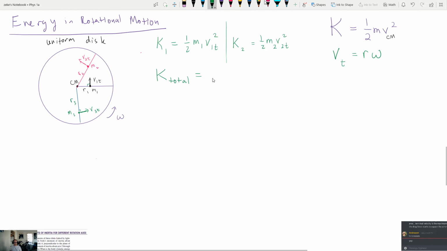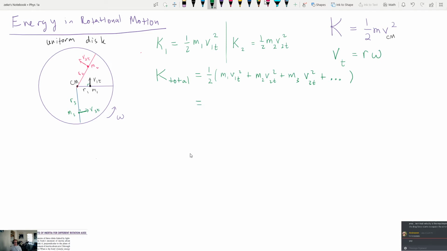It's going to be 1/2, I'll pull it out to the front, m1 v1t squared plus m2 v2t squared plus m3 v3t squared plus, and so on. If I want the total kinetic energy, I need to sum this over every single piece of the object. So effectively I have to break this object up into a very, very large number of pieces, and then write this entire expression down to include the entire object.